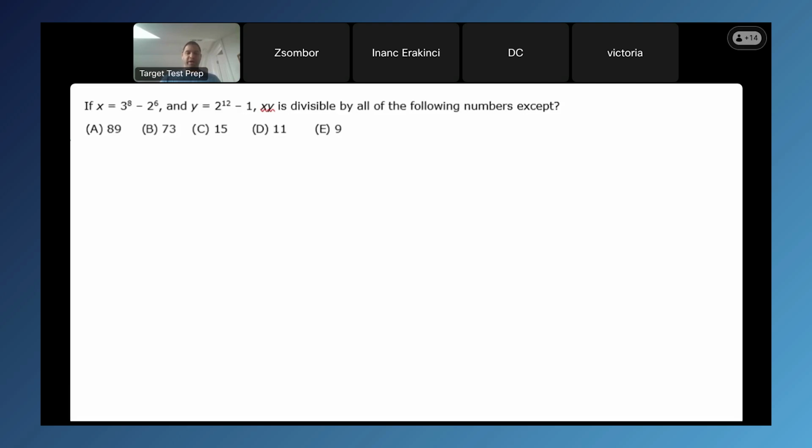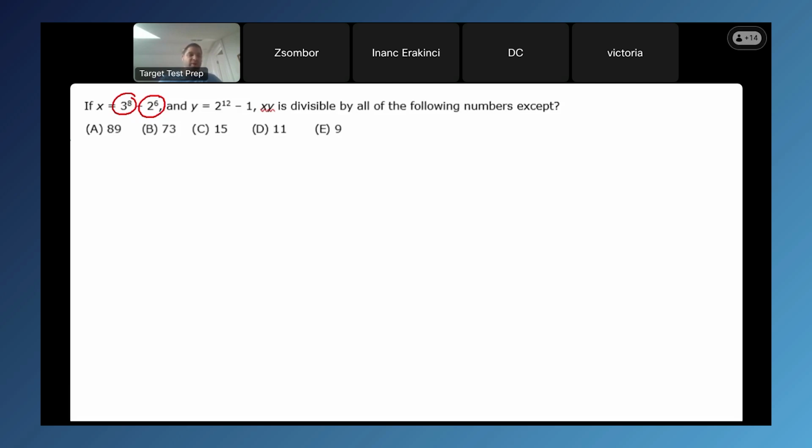But when you look at this, do you see that even though this is a 3 to the 8, this is 2 to the 6, did anyone have any issues saying, okay, this is the difference of two squares? I'm hoping that you're not just making it seem as though difference of squares only works when something's raised to a second power.